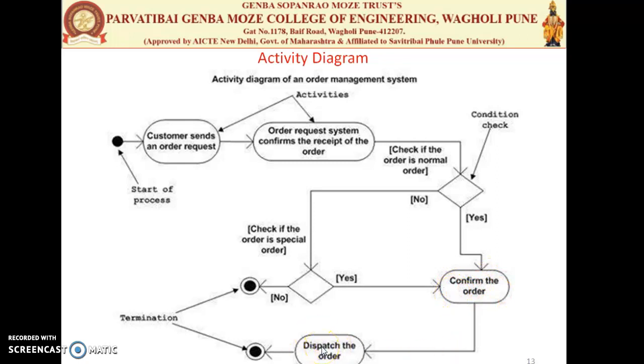Take the example of a medical store: whenever you purchase some medicines which are not in the store, they take your order, supply the order to the company, and give it to you within one or two days. It is the same like that.